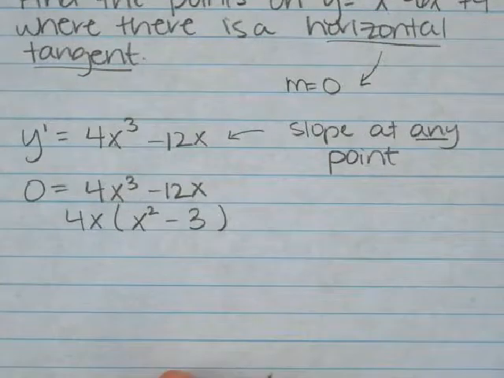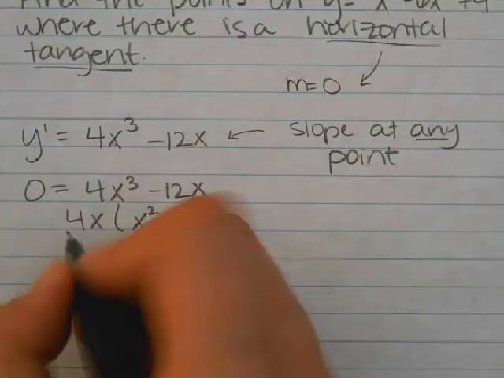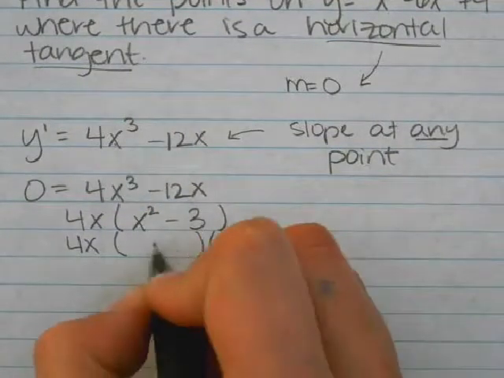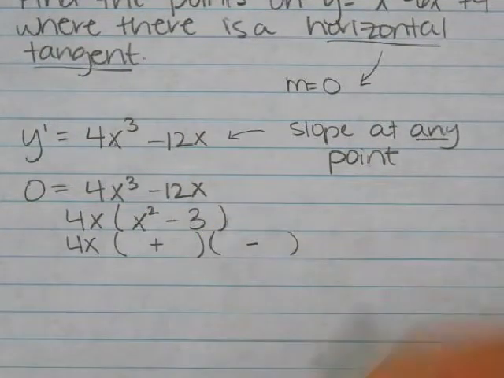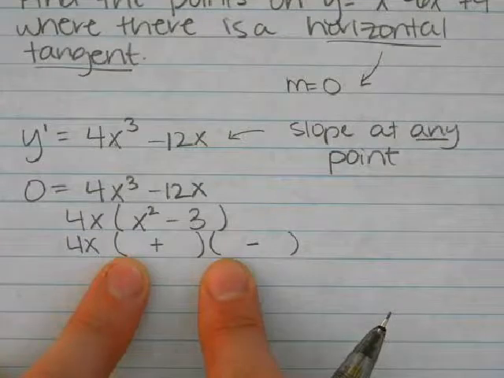What does the part that's in parentheses look like to you? It looks like difference of squares, except 3 is not a good number for that, right? But we can still do difference of squares. So I'm going to go ahead and keep this 4x in the front. And then I'm going to set it up for difference of squares. 1 parenthesis with the plus, 1 parenthesis with the minus. And what should I put first?